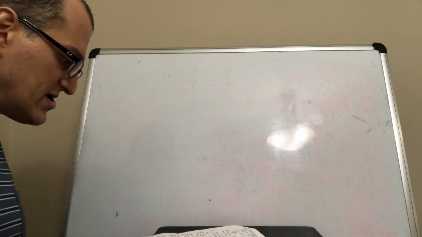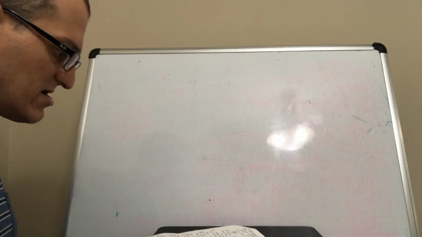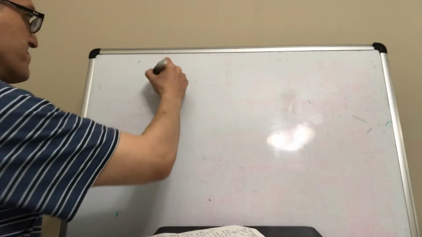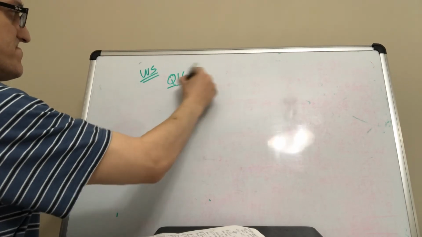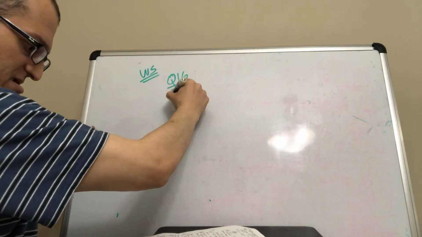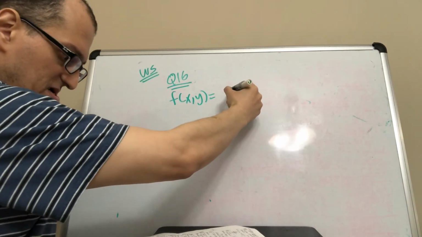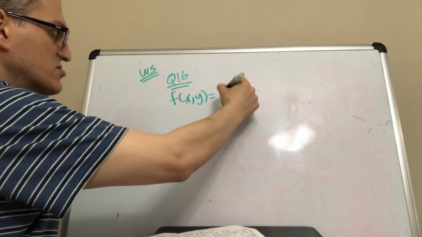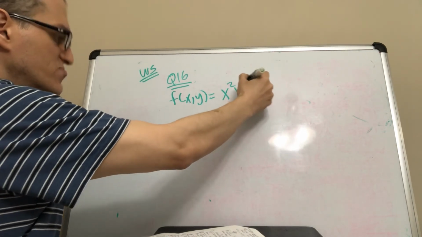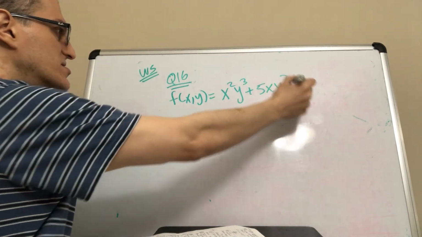We'll start with worksheet question 16. The function in terms of x and y is x squared y cubed plus 5x y squared.